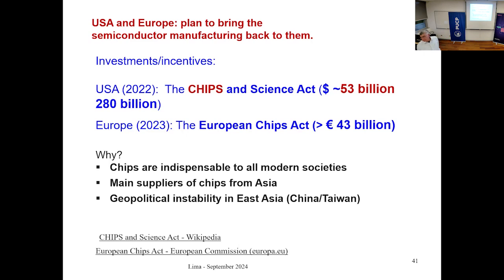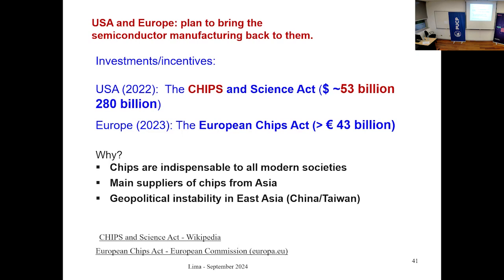What's the importance of chips? You need chips for everything. For your cell phone, for your computer, for hospitals, for equipment, for cars. There was a shortage of cars 2 or 3 years ago because there were no electronic components for the cars.